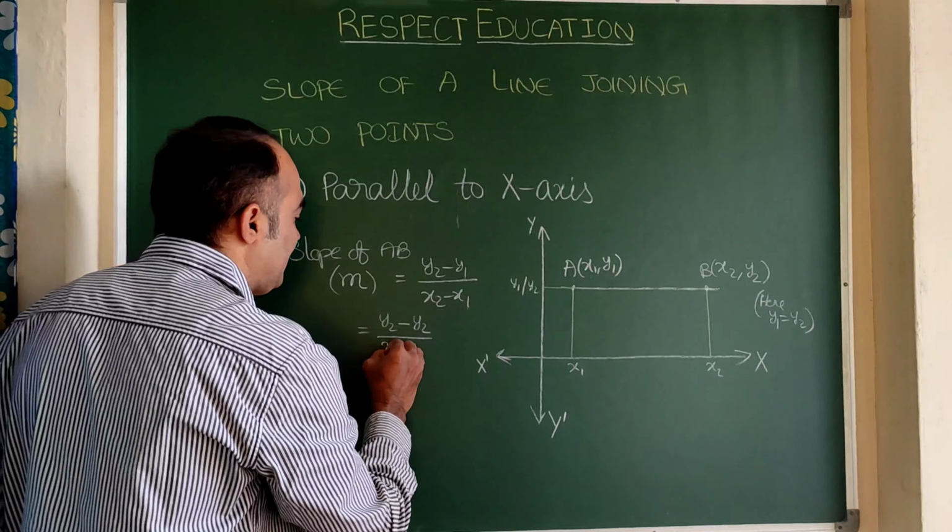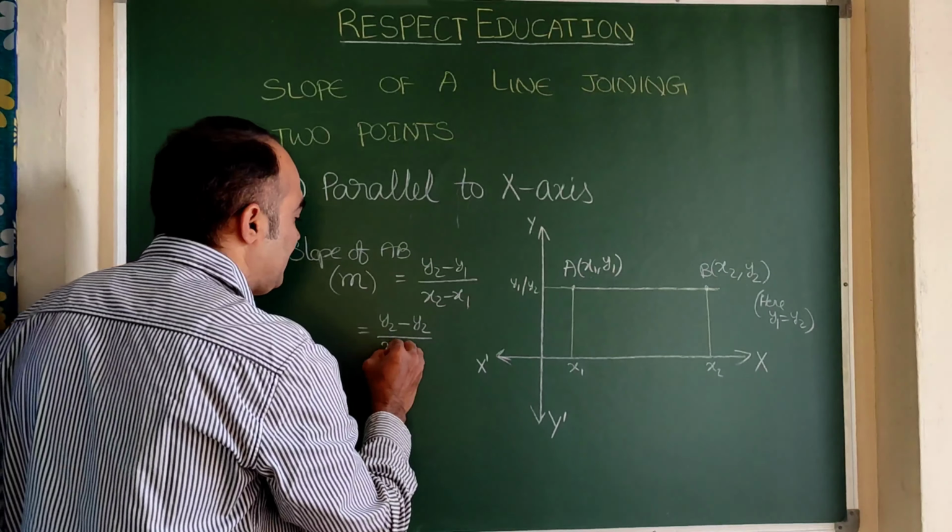Let us write x2 minus x1 as it is, because x1 is different, x2 is different. So this is 0 by (x2 minus x1). 0 by any value is 0. So slope of the line joining A and B, if that line is parallel to x-axis, its slope is 0.